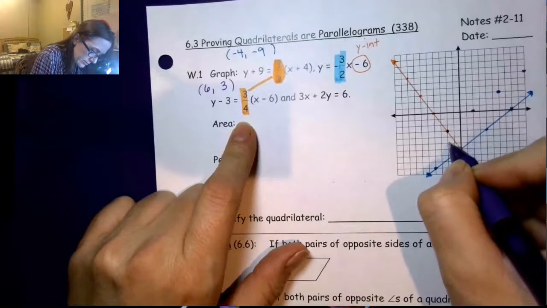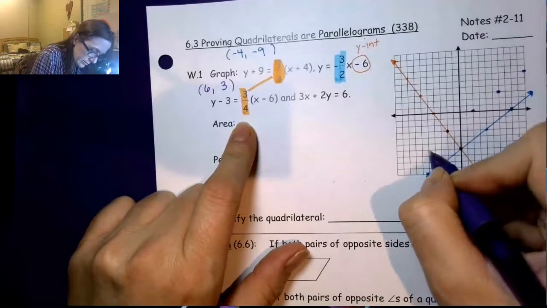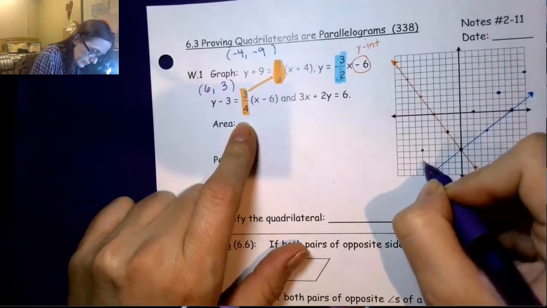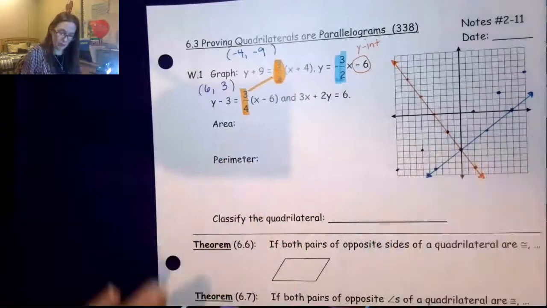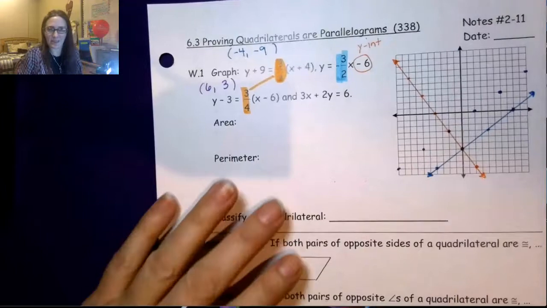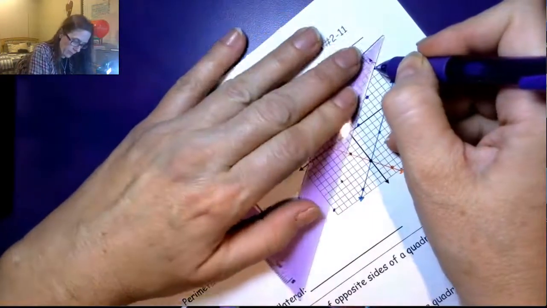Intersection. Now you can always stop once you know the intersection points, but I like to see the lines all the way through, so I kind of continue them for the whole graph.